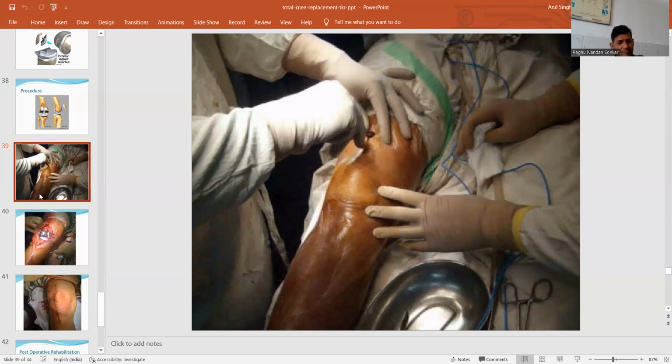A midline parapatellar approach can be taken. You start your knife at the superior pole of the patella in a midline manner up to the tibial tuberosity, as per your comfort.